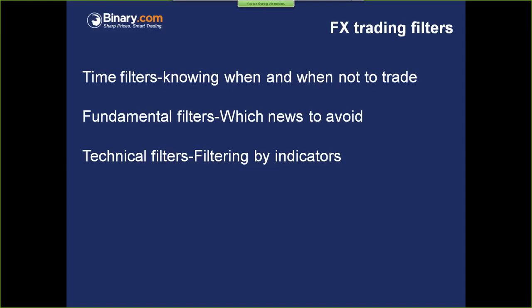So in FX trading, we have various filters. Basically we have different elements. We have potentially time filters, fundamental filters, and technical filters. Maybe there are others as well, but these are the main three categories.